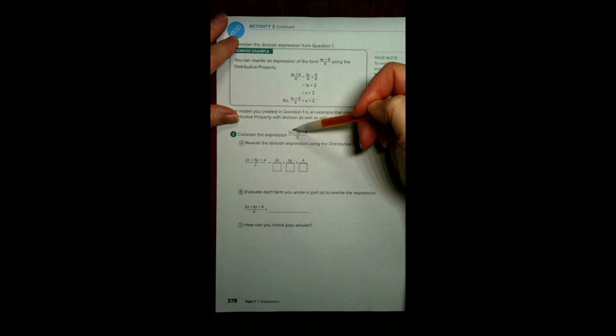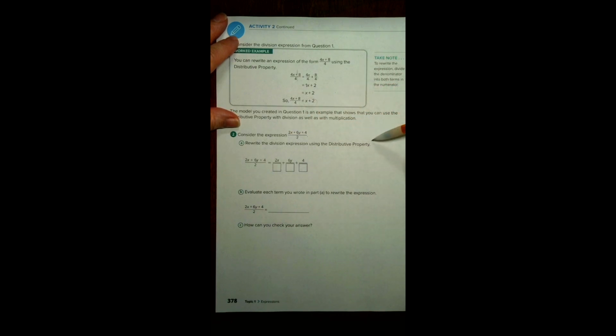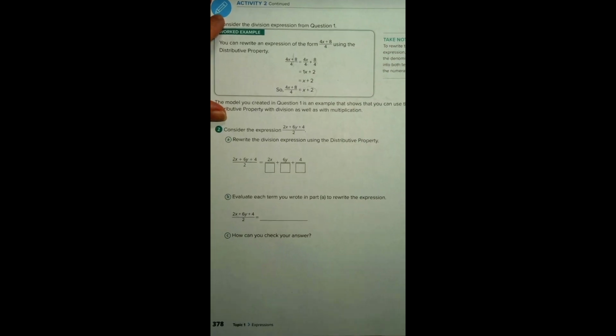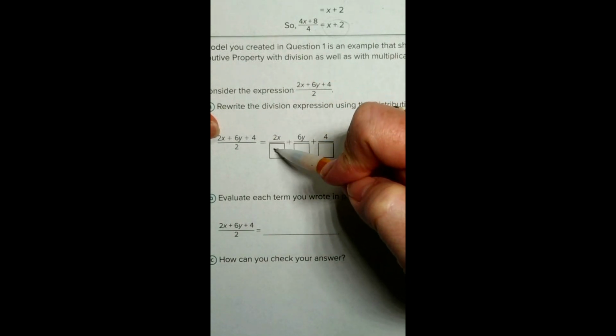Consider the expression 2x plus 6y plus 4 divided by 2. Rewrite the division expression using the distributive property. Let's zoom in a bit. Okay, so 2x, so here, when it split it up, it just put a 4 in each of the denominators.